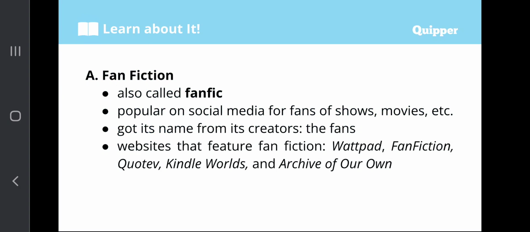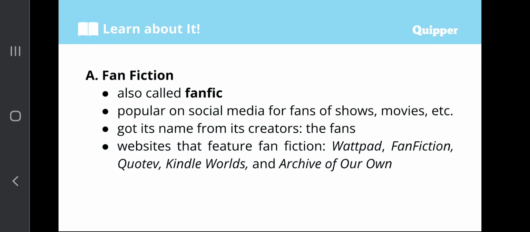First, we have fan fiction, also called fanfic. This is popular on social media for fans of shows, movies, and the like. Fan fiction got its name from its creators, which are the fans. Websites that feature fan fiction include the following: Wattpad, Fanfiction, Kindle Words, and Archive of Our Own.